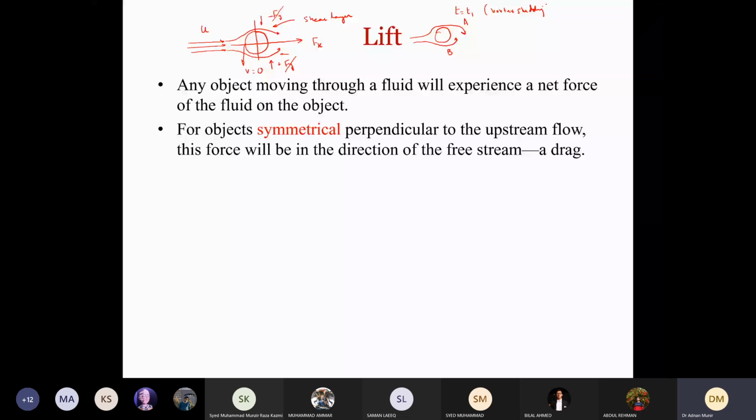Now at time t equals t2, what happens? Because vortex B is moving in the anti-clockwise direction and vortex A is moving in the clockwise direction, there will be a point when, as B and A grow, B will come in the path of A and will cut it like this. And as a result, at t equals t2, what will happen?